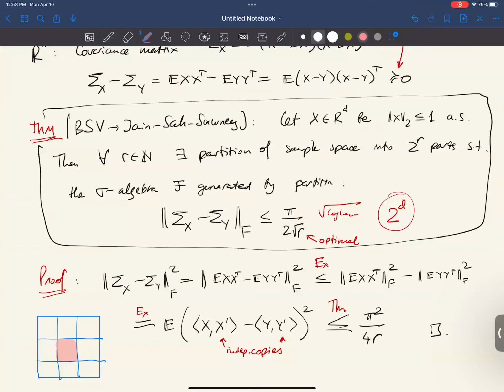And you divide by n squared. So it's an average error per entry.